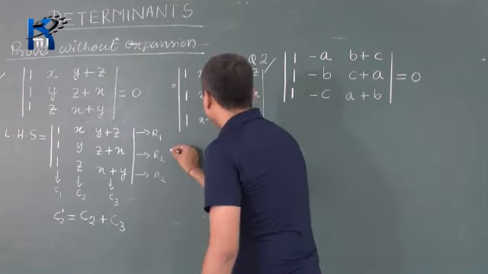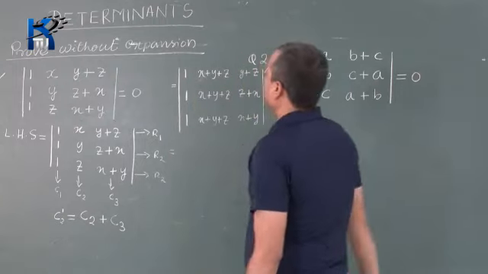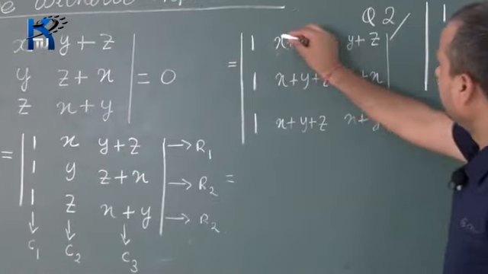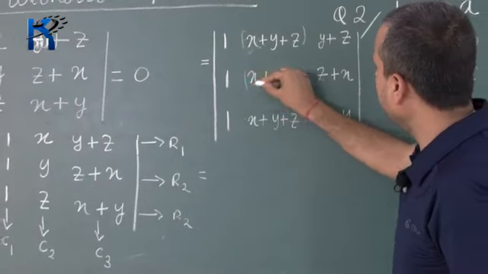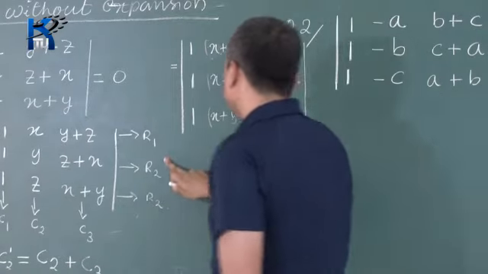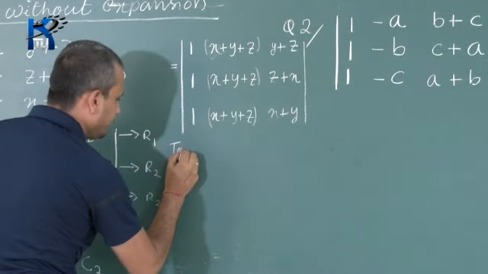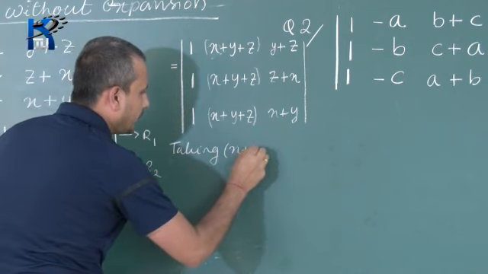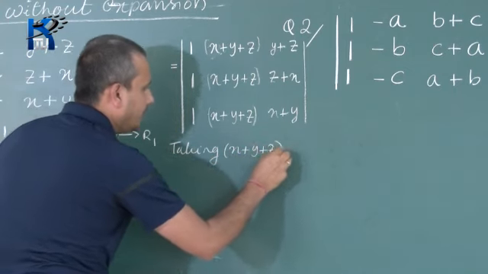Now, one more property that I am going to use: a common factor can be taken from a single row or from a single column. From the second column, I'll take x plus y plus z common.